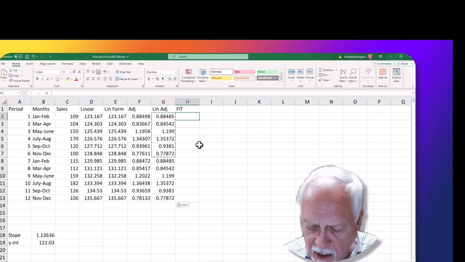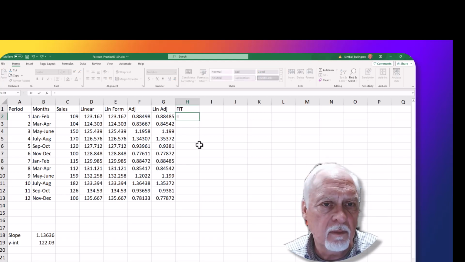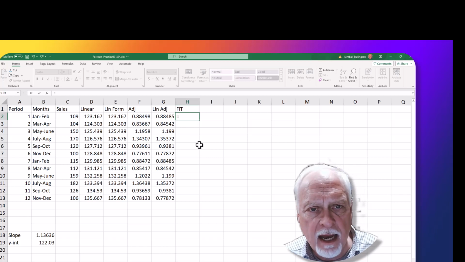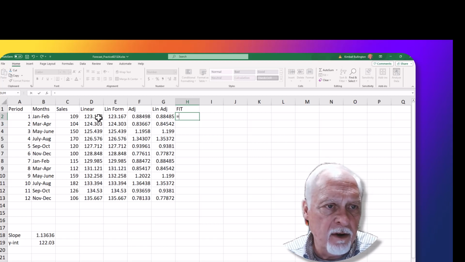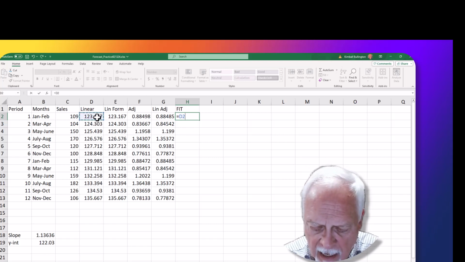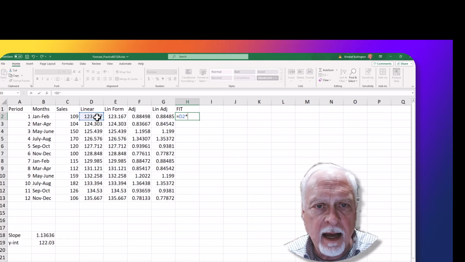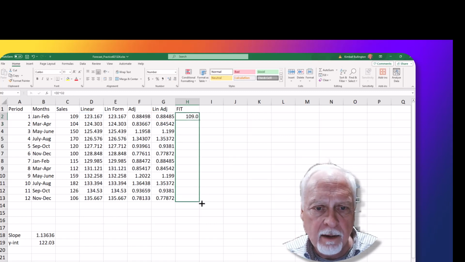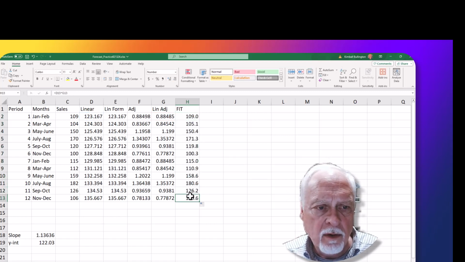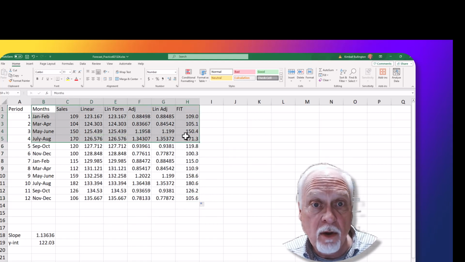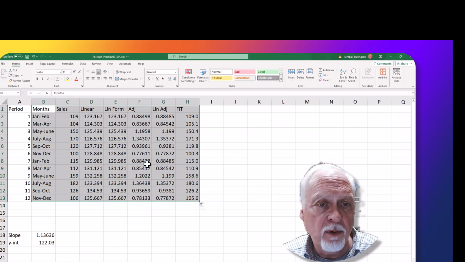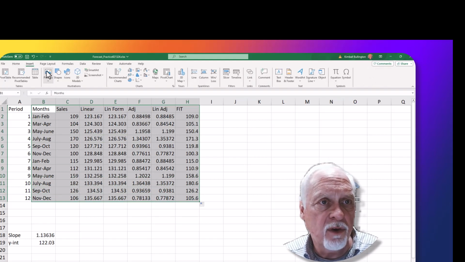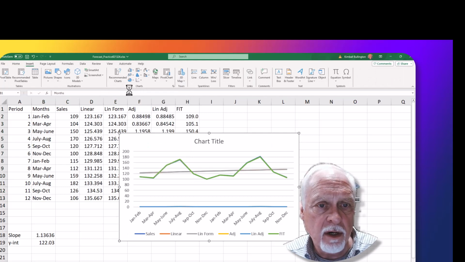And then finally, for the final forecast, we'll take the linear forecast and multiply by the linear adjustment number. And we'll copy that on down. And let's plot. We'll have to remove some of this, but insert, and we'll look at line charts.